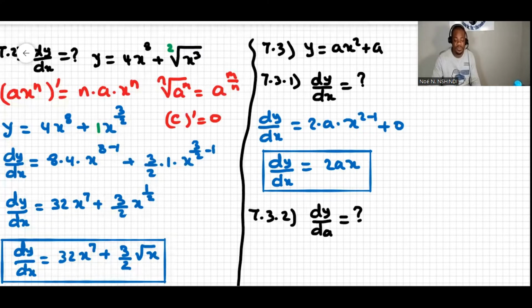Remember that now x squared is like my coefficient. I prefer to transform this equation. I'm going to write it this way: y equal to x squared a plus a. I'll do that because the variable always comes after the coefficients. Okay, when we differentiate with respect to a, a is the variable now for differentiation, and x squared is just a coefficient.